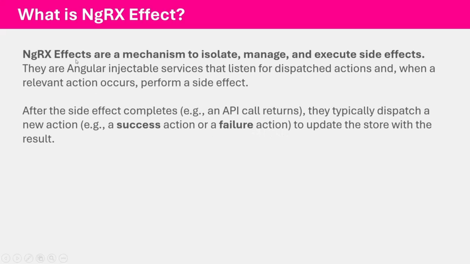So NgRx effect will not change the state directly. The state will always be changed by the reducer. But in order to call the reducer function, once the effect is complete, the NgRx effect is going to dispatch another action which will be handled by the reducer to update the state. And that we will understand in a bit with a diagram.